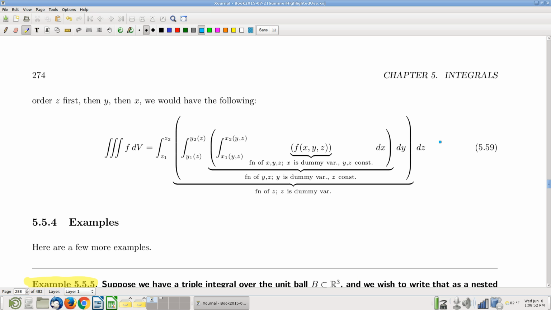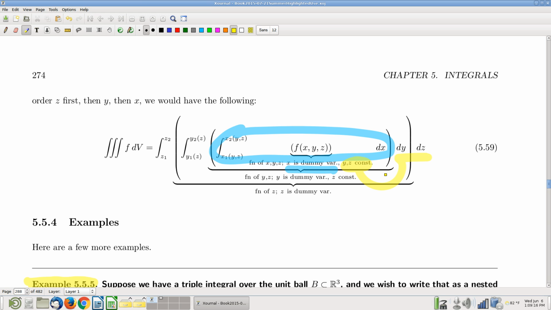For the purposes of the inside integral, x is the variable. X is the only variable. We're treating y and z's as constants because we've already fixed those values. We fixed the values of y and z as we were going through the y and z slicing processes.